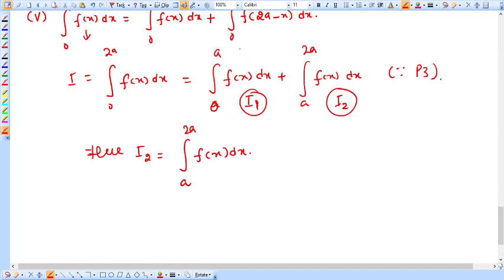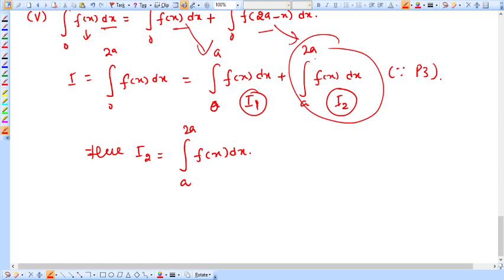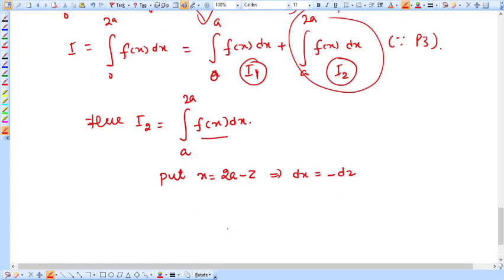Because we want to prove that this is equal to this plus this, this part is the same, we just need to change this integral. That's why I'm writing I2 here. If you want to prove that this I2 is equal to this thing, then for this we are going to put x is equal to 2a minus z. This implies dx would be equal to minus dz, and try to see the effect on the limit.